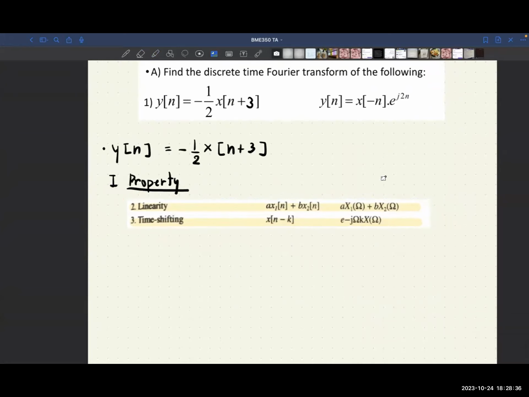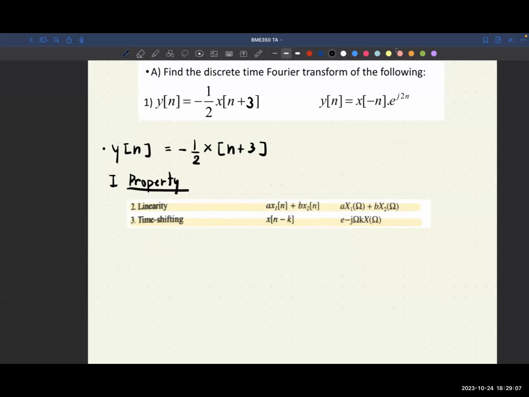Okay, so since we know what properties are involved in this question, we want to merge all of them together. And for our question, it should look something like linearity, our A, right?